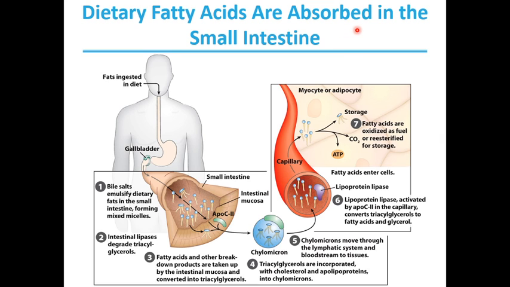Now, once these are deposited in specific cells or carried to specific organs, the remnants of chylomicron, whatever is left behind, are depleted of most of their triacylglycerols but still contain cholesterol and apolipoproteins.